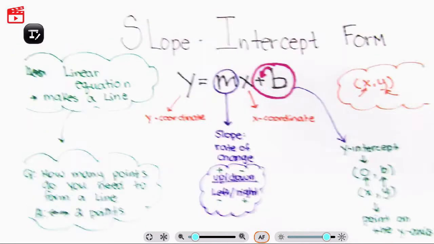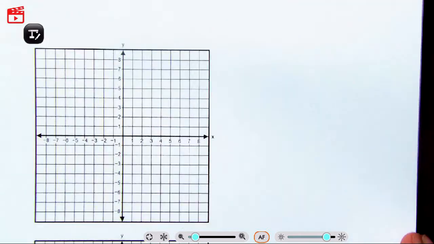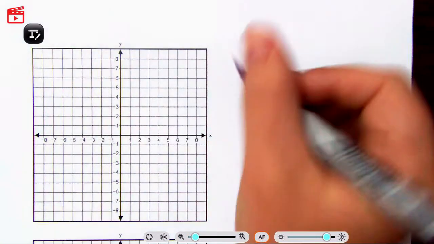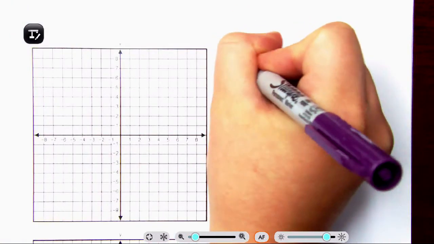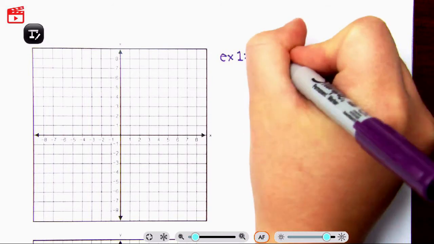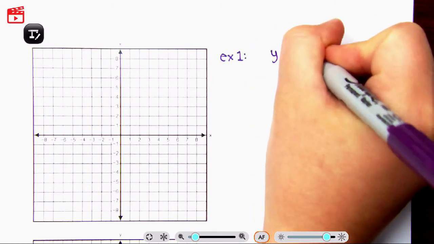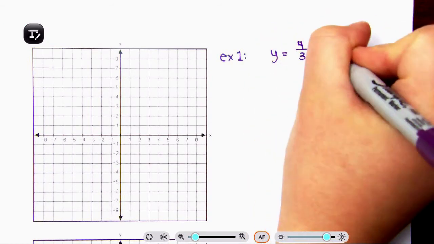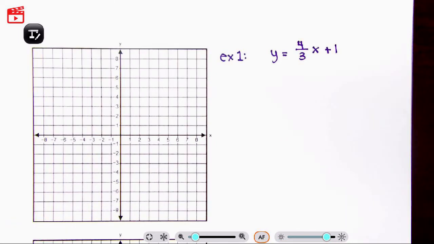All right, let's do some examples. Example number 1. We have y equals 4/3 x plus 1. So how are we going to identify anything?